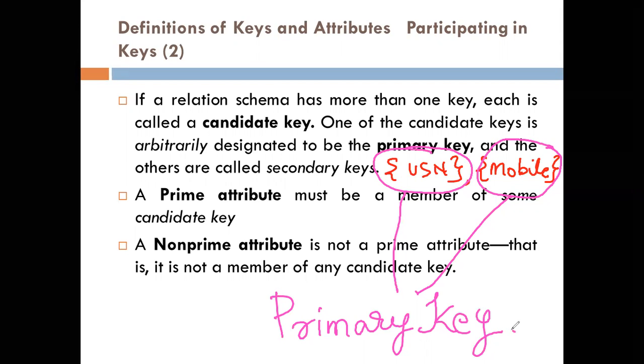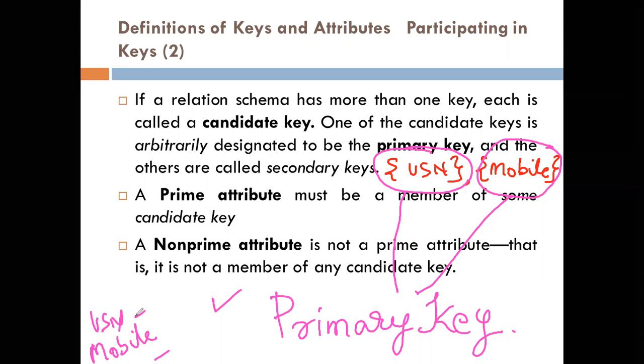In our example, for that particular table, we have two candidate keys, USN and mobile number. Out of these two, we can select one candidate key and call it the primary key. Which means in that table, we can choose USN as a primary key or mobile as a primary key. That is our wish.